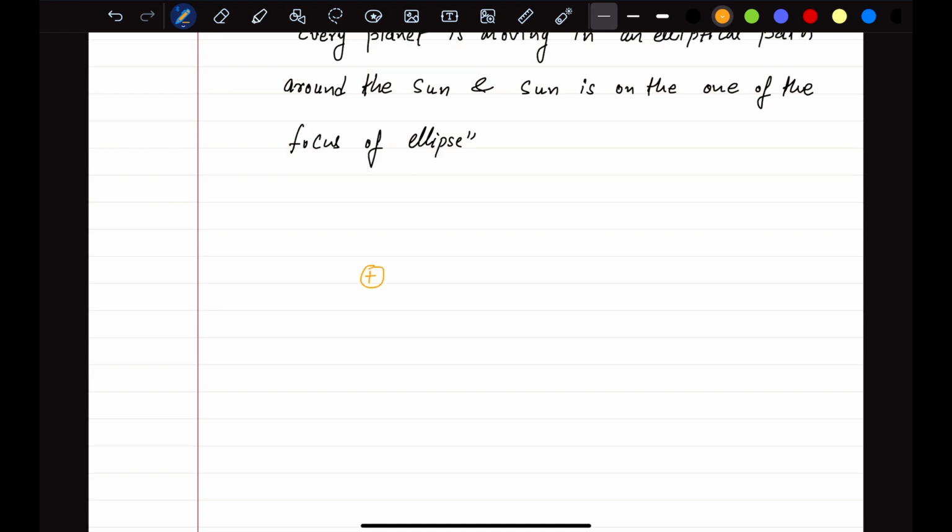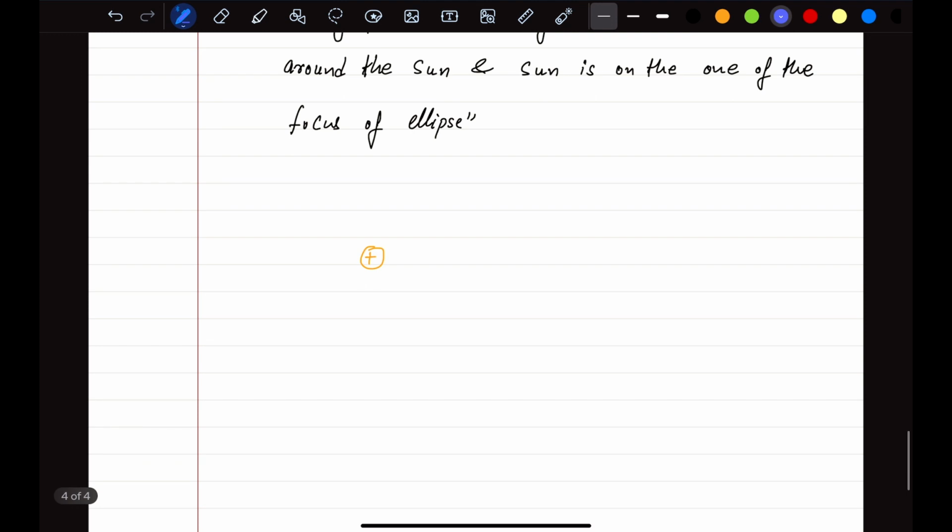Let me explain something about the ellipse, and then we will understand this law. An ellipse is kind of an oval shape. This ellipse will have a center, and the center will be the intersection of a vertical line connecting the two distant points in the ellipse and a horizontal line connecting two distant points in the horizontal.